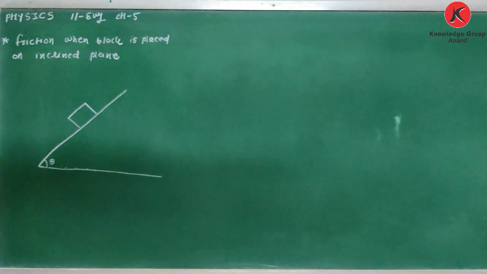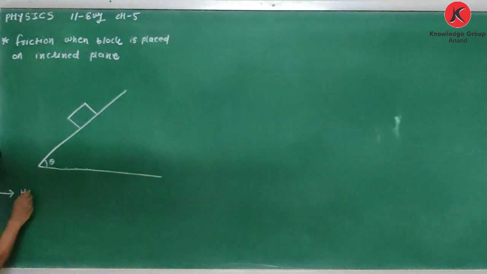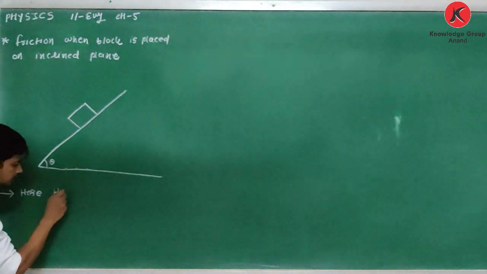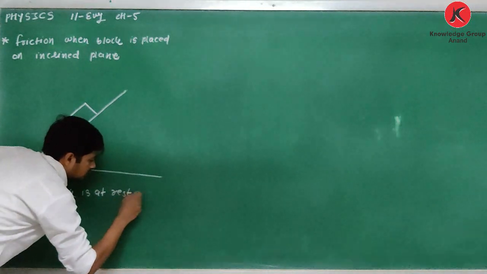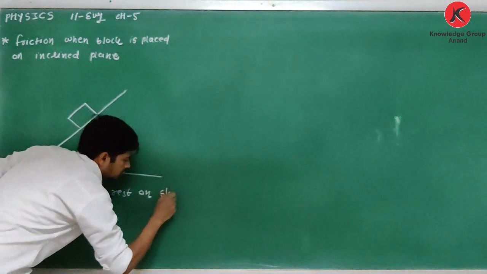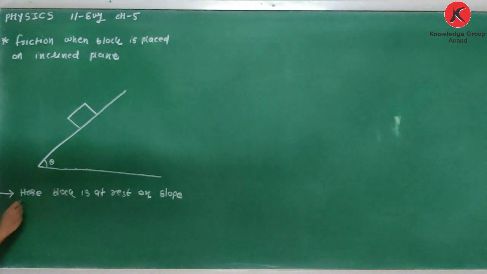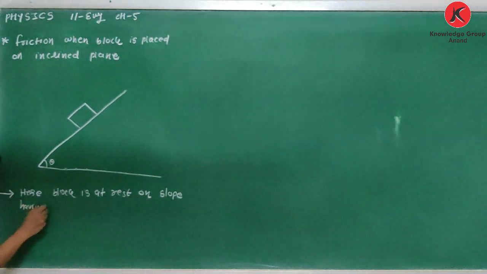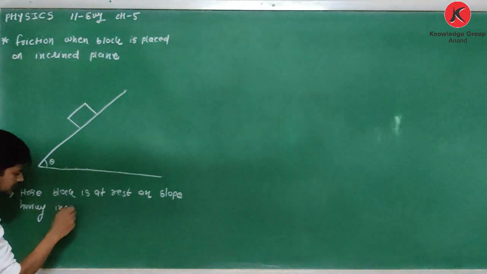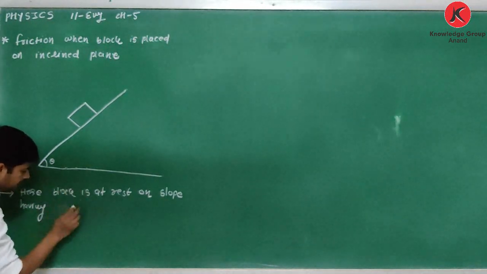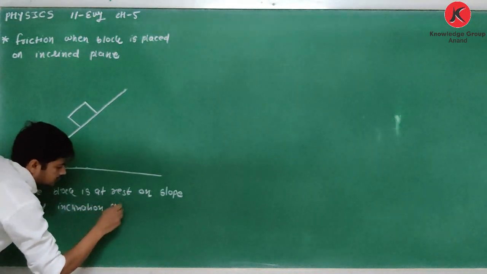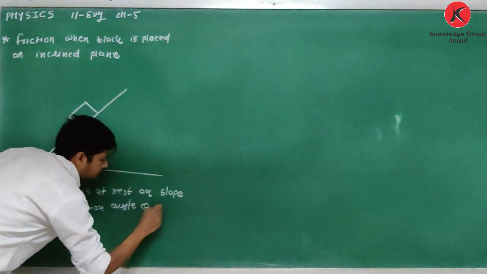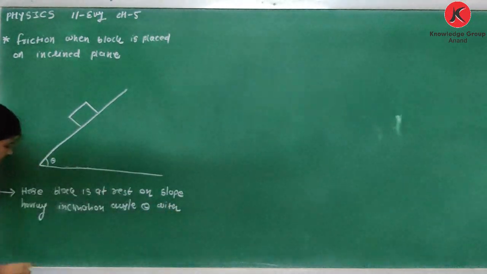Here I will write: block is at rest on a slope having inclination angle theta with horizontal.